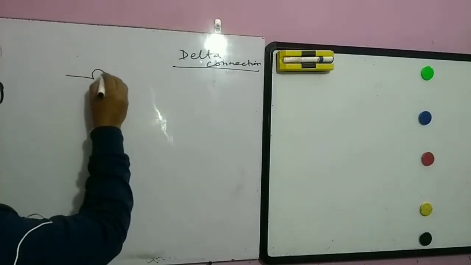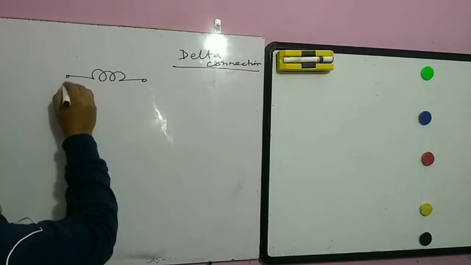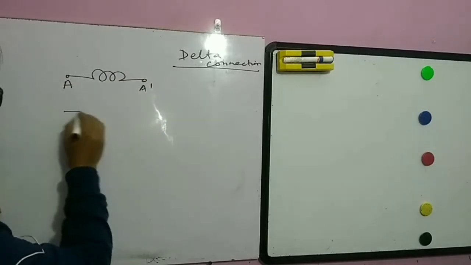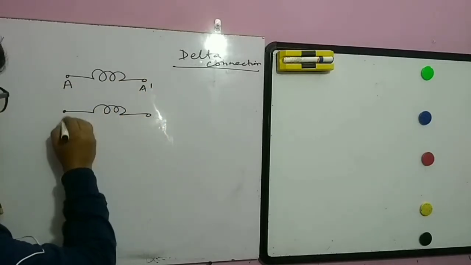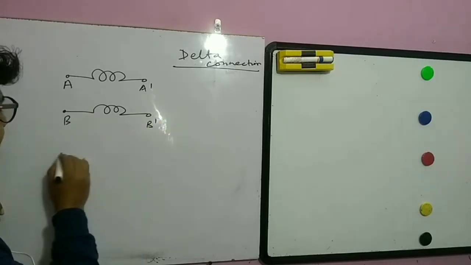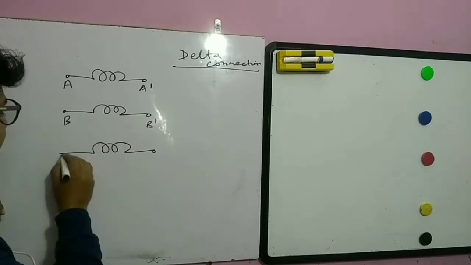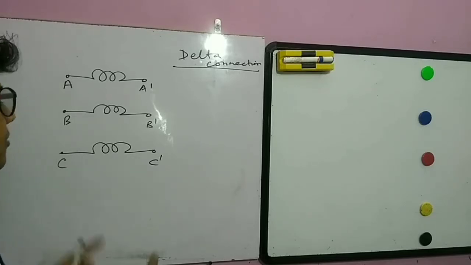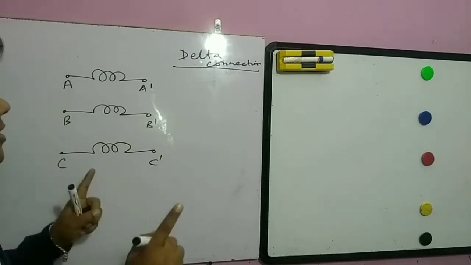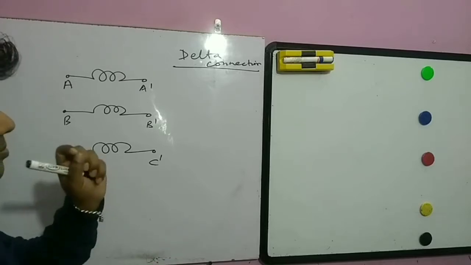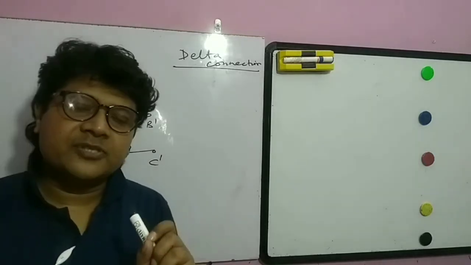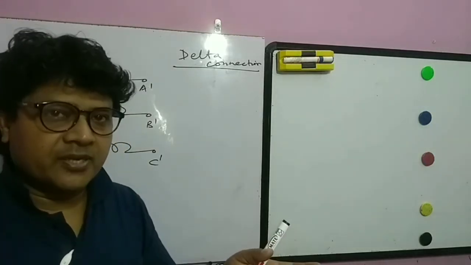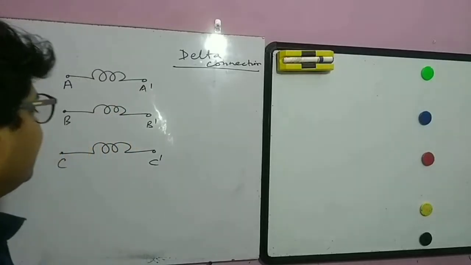That is, we have got only three windings: A and A dash, B and B dash, and C and C dash, right? So we have to form a delta here. Delta means all the phases are at 120-degree phase apart, right?